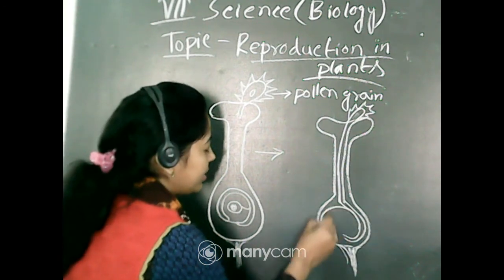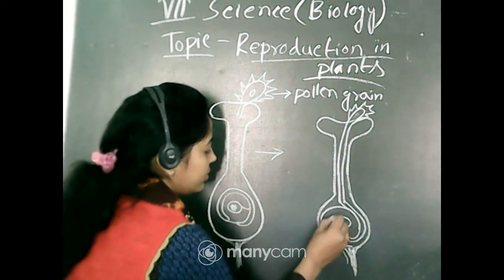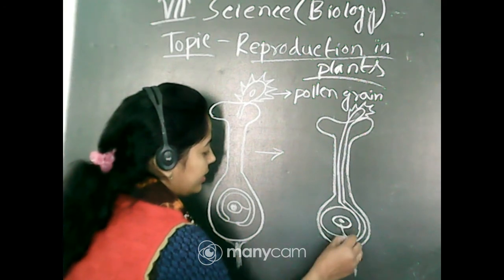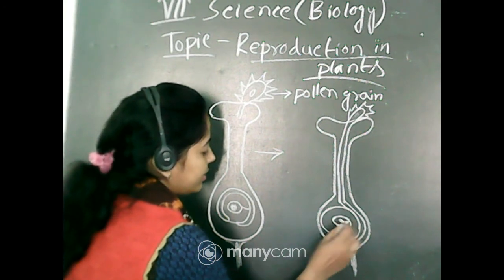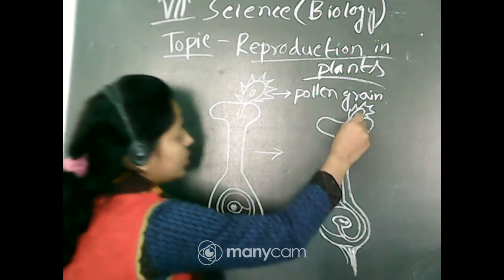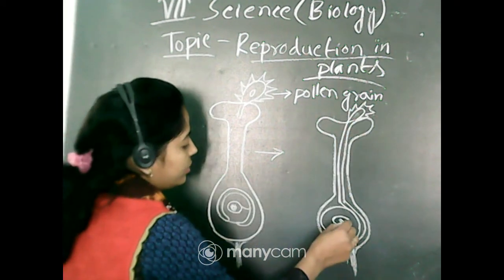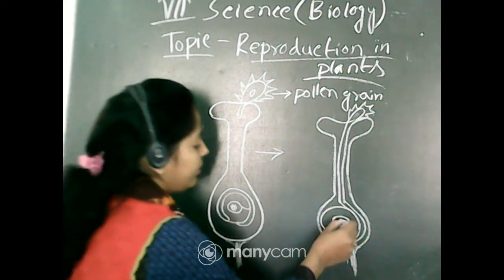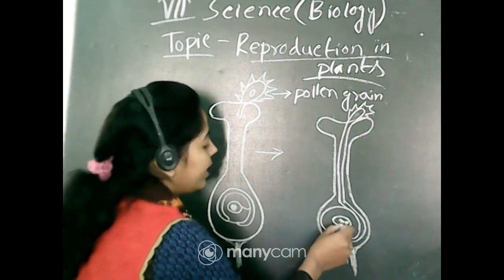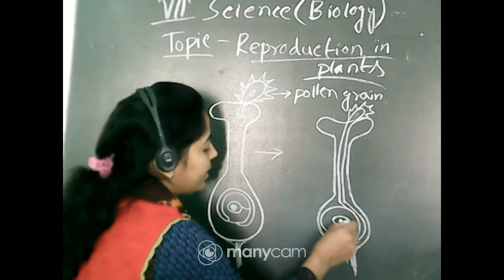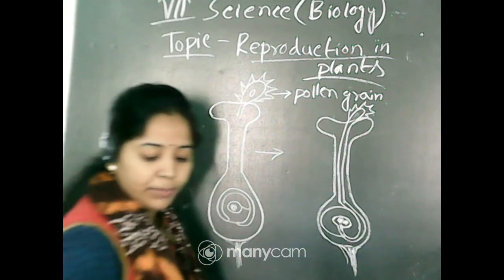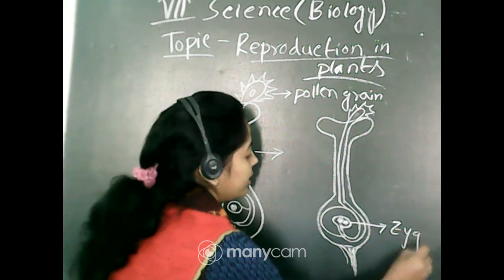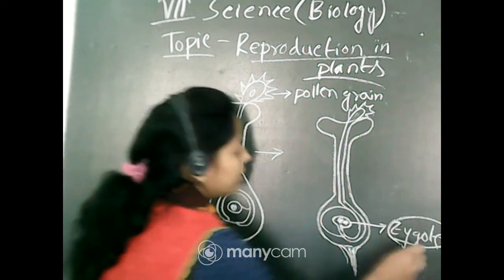There is already the presence of an ovule, and that tube enables the migration of the nucleus of this pollen grain to the female ovary, where both the male gamete and female gamete are present, and they will fuse together to form a zygote. So this is called a zygote. They will fuse with each other to form a zygote.